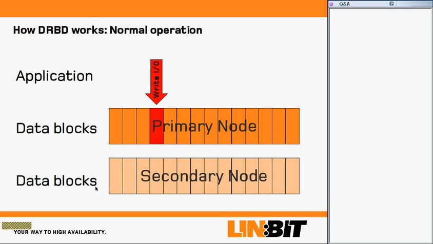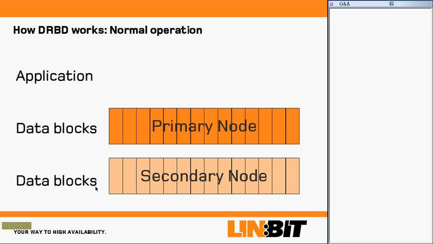It then replicates that write over to the peer node, the secondary node, where it is then written to disk, and the secondary node then acknowledges that write, after which that particular block is, so to speak, cleared or considered in sync from the application's point of view.